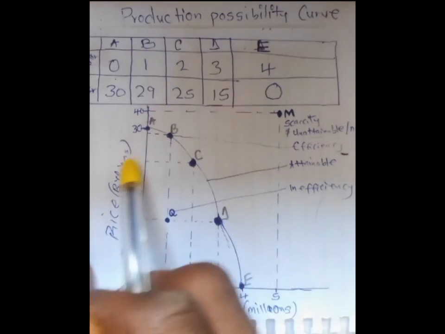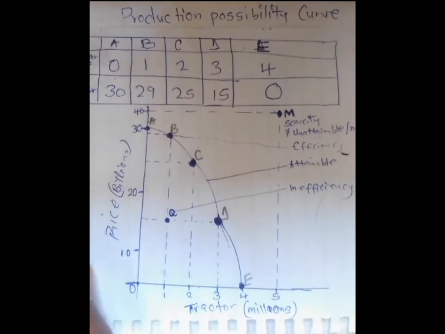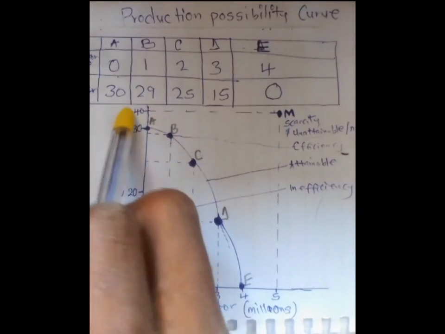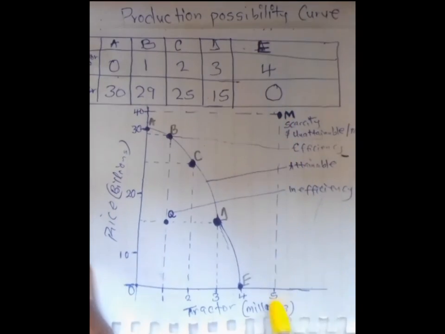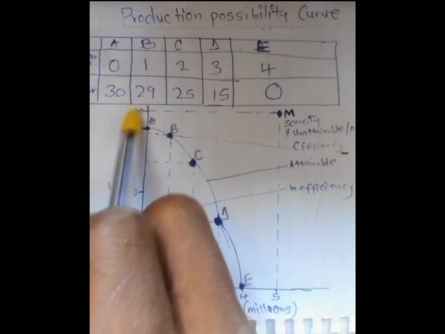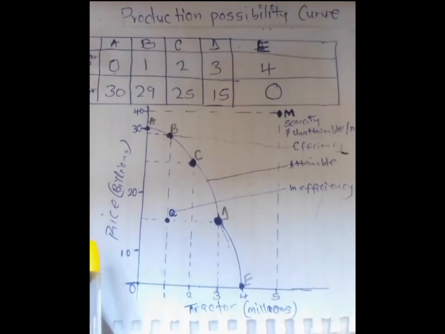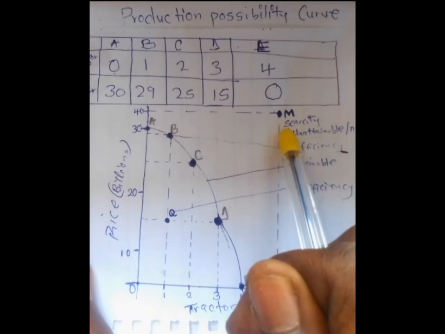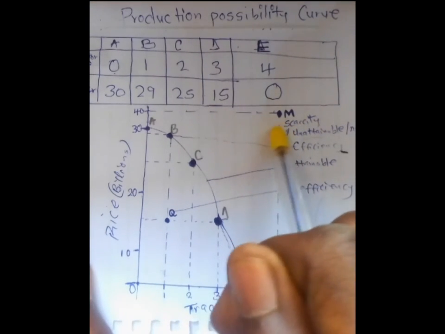Since their resources are limited to producing only two goods, and their resources are said to be 30, to produce 40 billion bags of rice and 5 million tractors, there is scarcity. That scarcity is represented by M there.